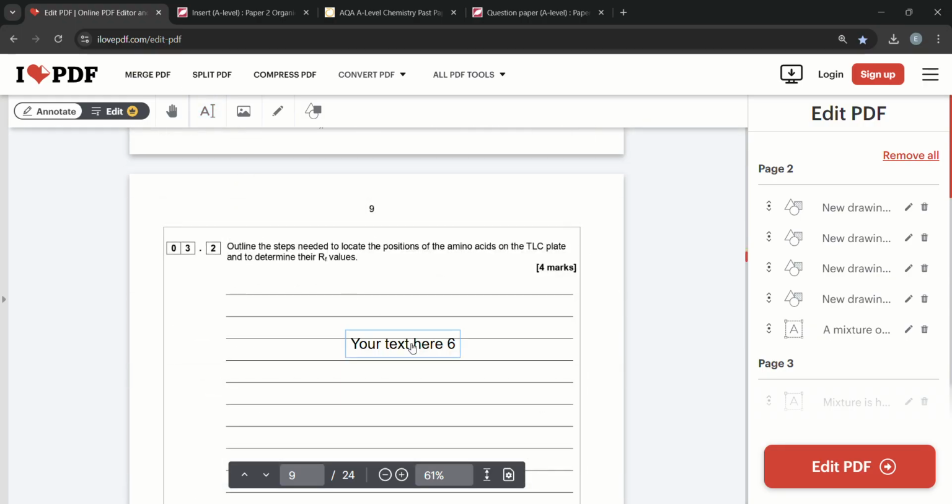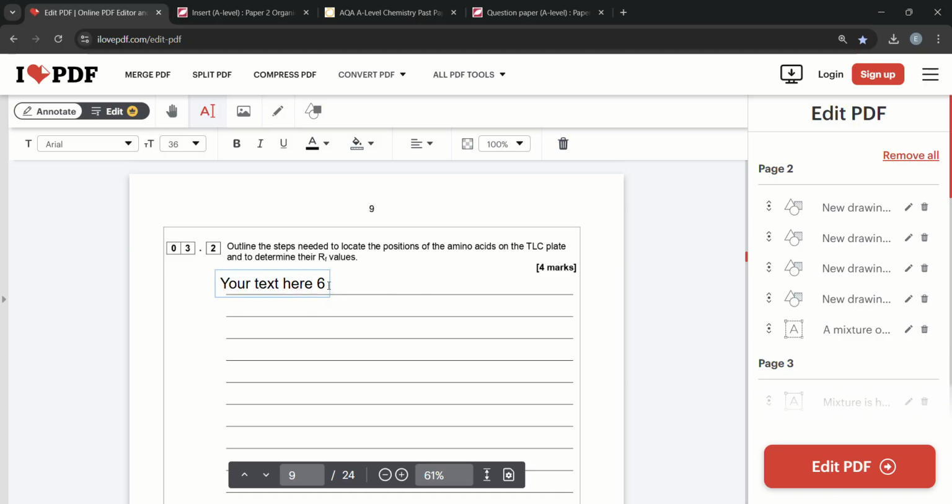Outline the steps needed to locate the position of amino acids on the TLC plate, thin layer chromatography, to determine the RF values. Spray with developing agent or use UV. Measure distance from initial pencil line to the spots.